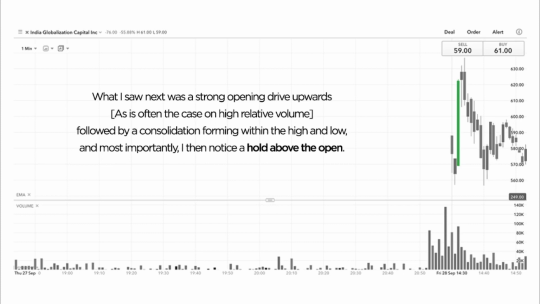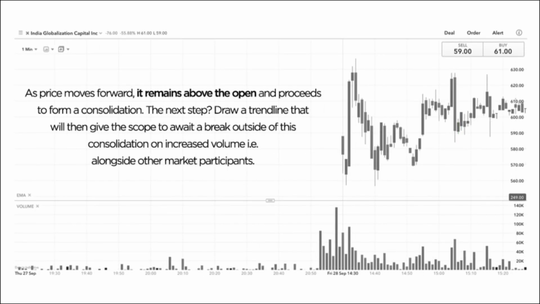We're holding above the open, which is a huge indication of strength. So as price moves forward, it remains above the open. Again, this is key, and proceeds to form a consolidation. So the next step, all we have to do now is draw a trend line, or at least attempt to draw trend lines that will then give the scope to await a break outside of this consolidation area on increased volume.